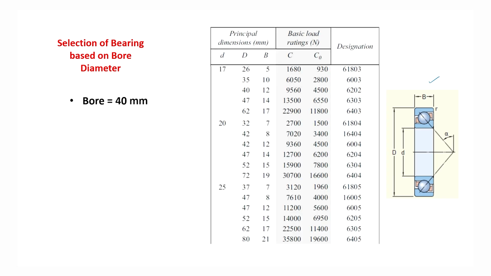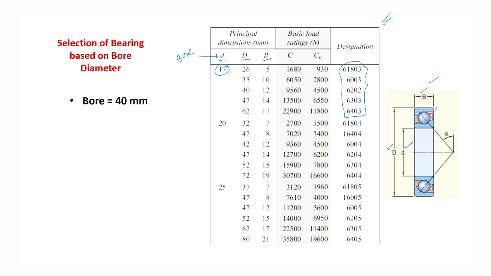Like one example, this is the table from the SKF catalog, and this gives the principal dimensions of the bearing, that means small d, capital D, and B. This d is actually the bore. So, if the bore is 17, then the available bearings are these SKF bearings.